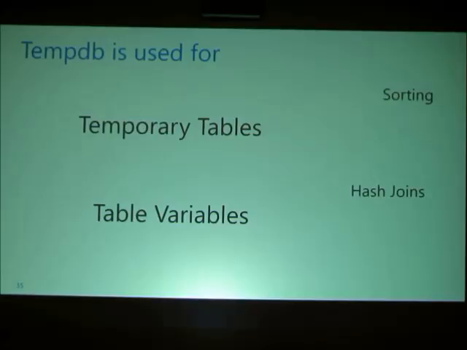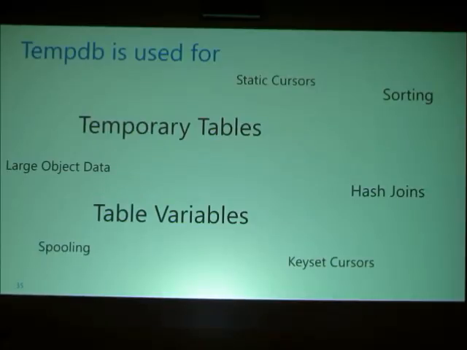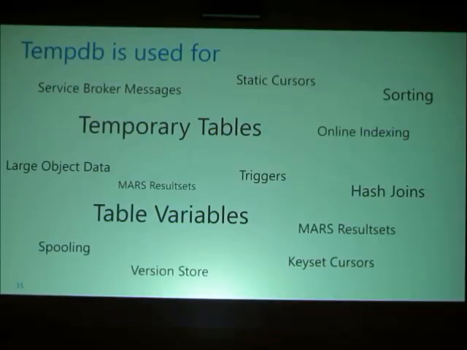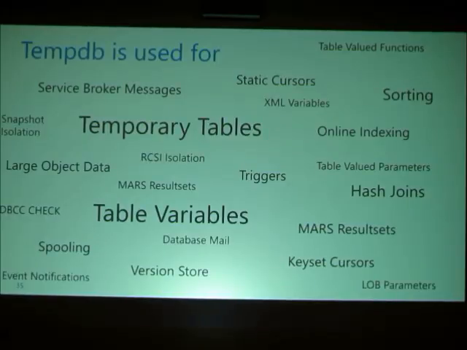That includes when executing a query that needs to sort, and it's too much to sort properly in memory, it uses Tempdb to spill some of that. Same with hash joins, that's where the hash goes. Large object data, spooling, static cursors, lots of this stuff. All these features use Tempdb. It's like the public dumping ground. It's not a good place, but all the data gets dumped there.